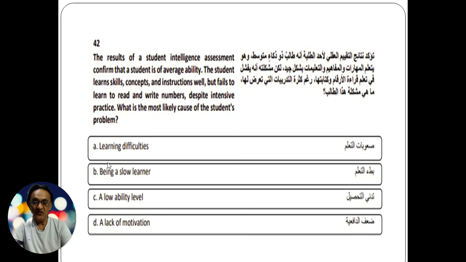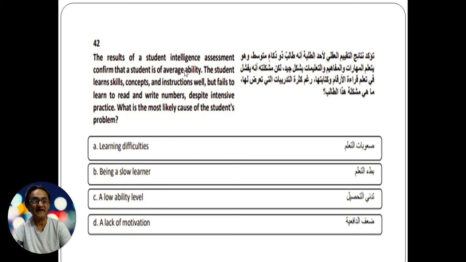Now the options are here: learning difficulty, being a slow learner, low ability level, lack of motivation. If you look at this, the distractor is being a slow learner. Low ability level is not correct, because the assessment confirms the student is of average ability.